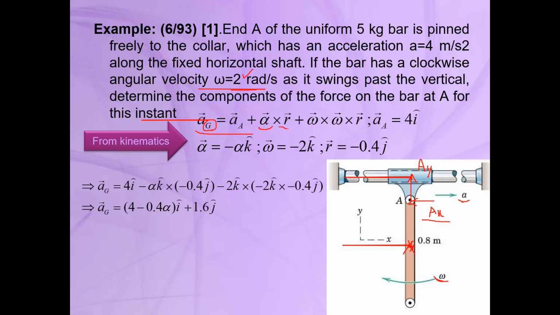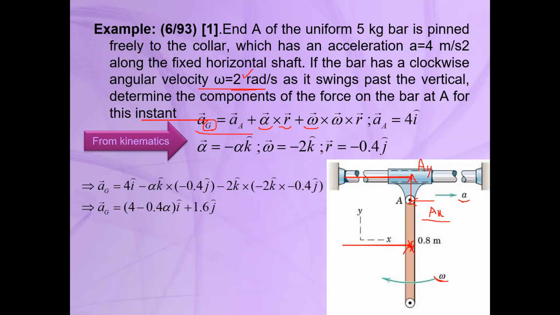R is the position vector of point G with respect to point A. Omega is the angular velocity of this bar, which we know it's 2 radian per second.